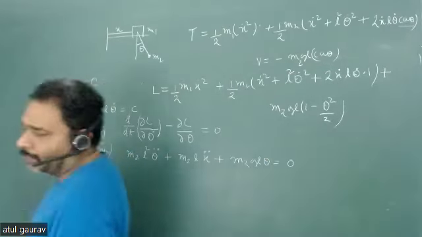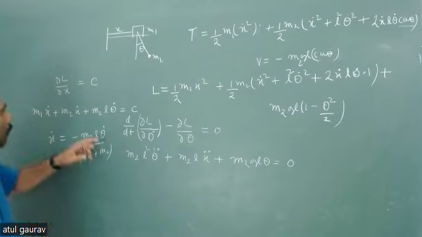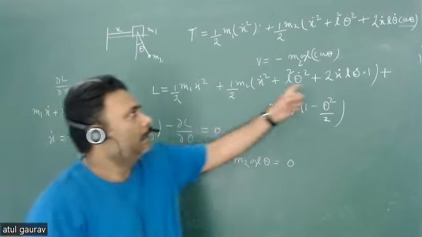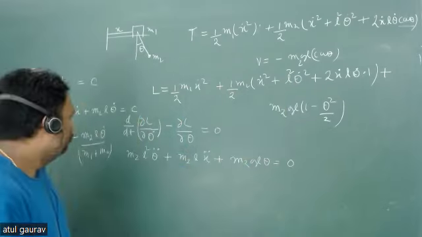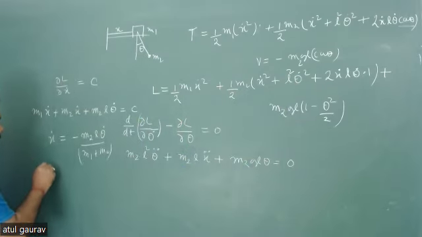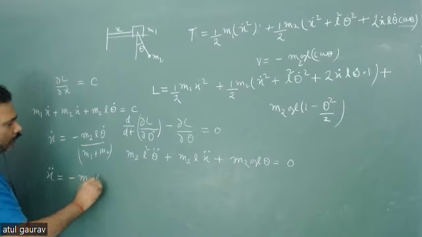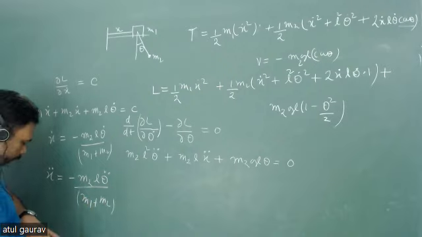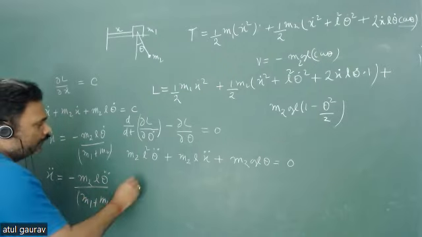So here you can write x double dot, because this x dot is a function of theta dot. This is very interesting when you are reducing in this manner. So here I can write x double dot is equal to minus m2 L theta double dot by m1 plus m2. And now we will put it here.